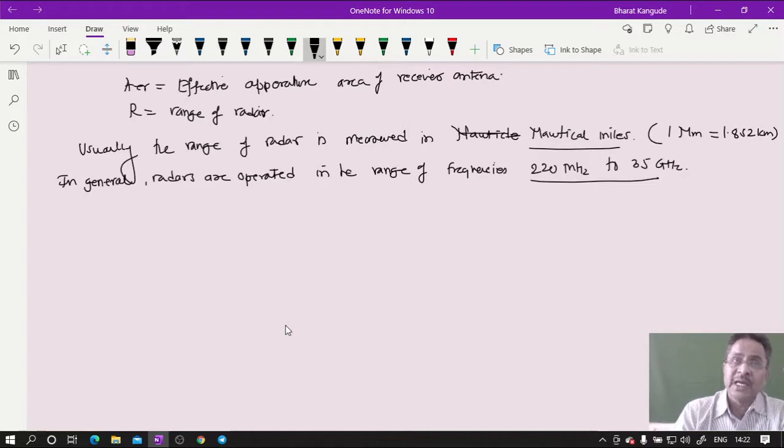Then remote sensing and environment, for that also radars are used. Law enforcement is also another necessity of any modern society, so for that also radars can be used. In land use, forestry and agriculture, radars are also used. Apart from these there are certain other applications. All these applications we will learn in detail one by one in tomorrow's lecture.